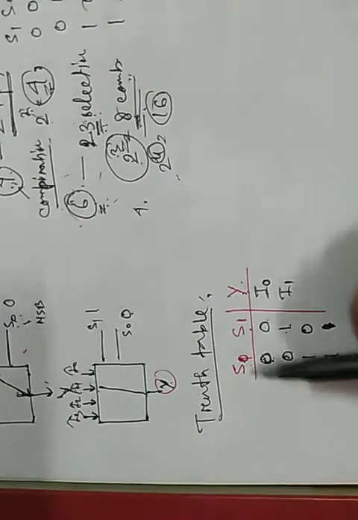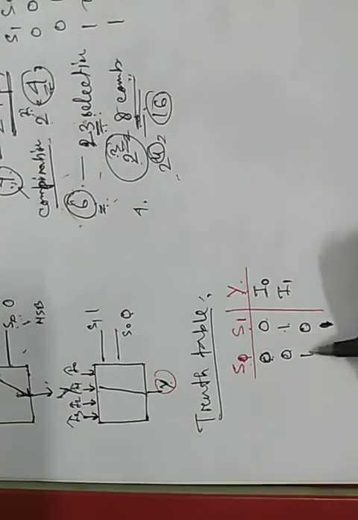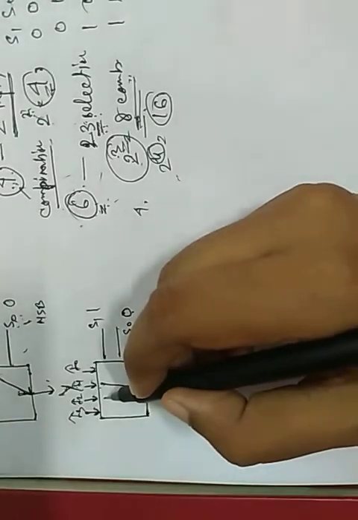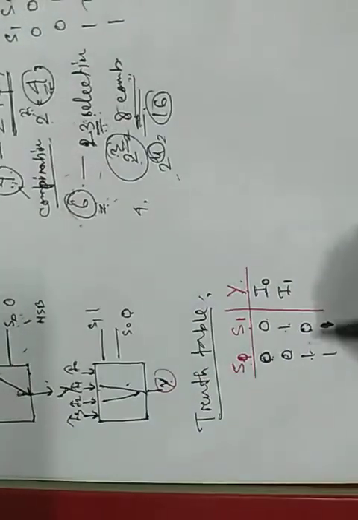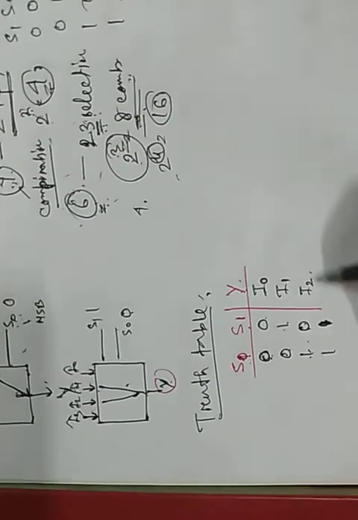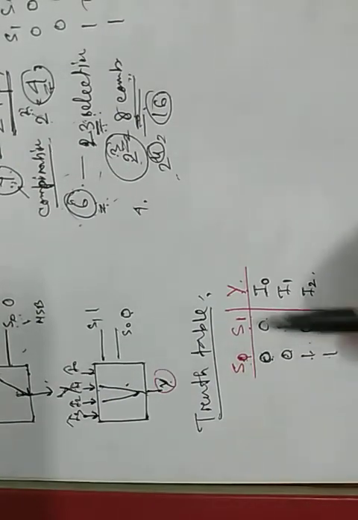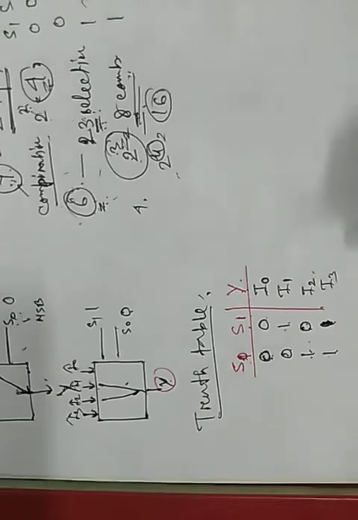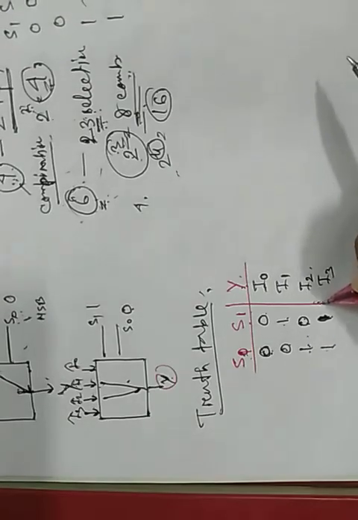In our third combination, 1 0, we get I2. And in our last case, 1 1, I3 will be selected.